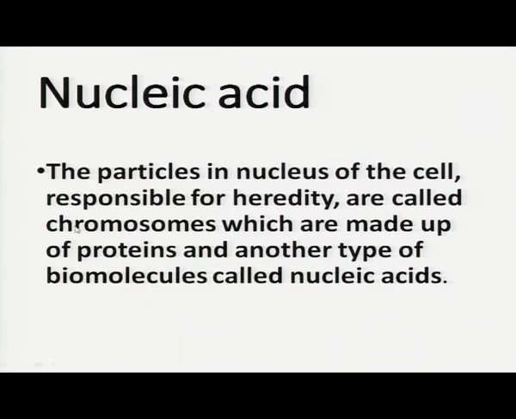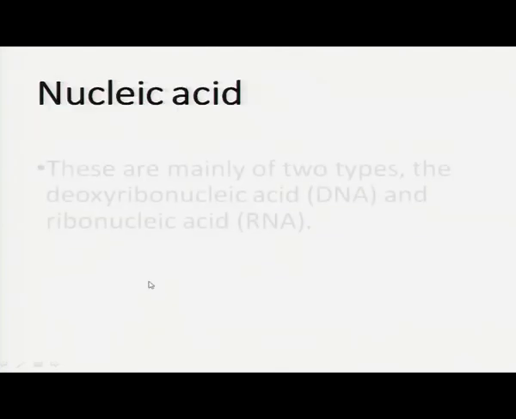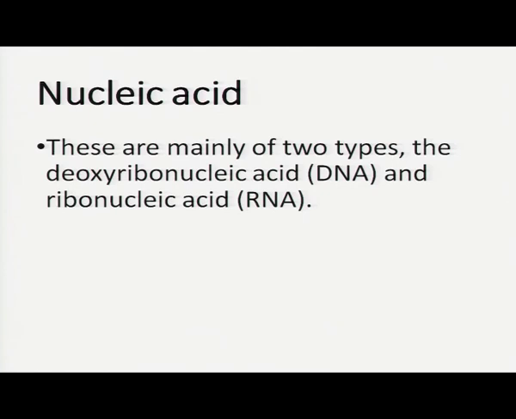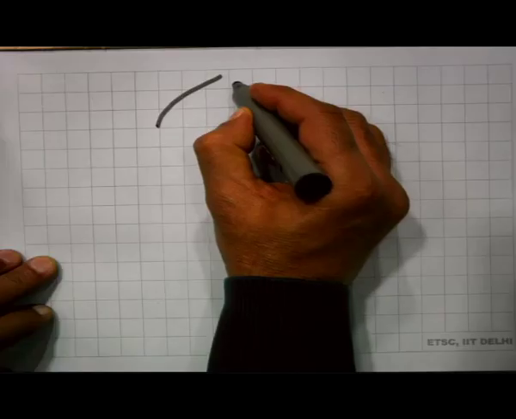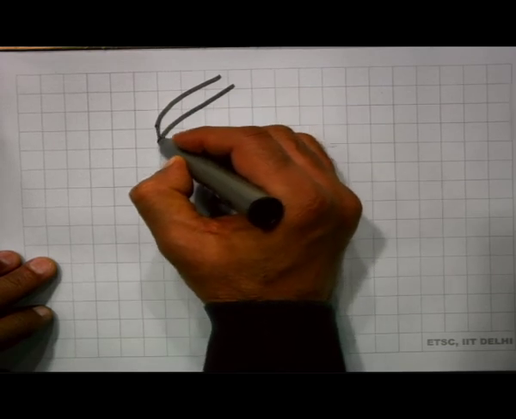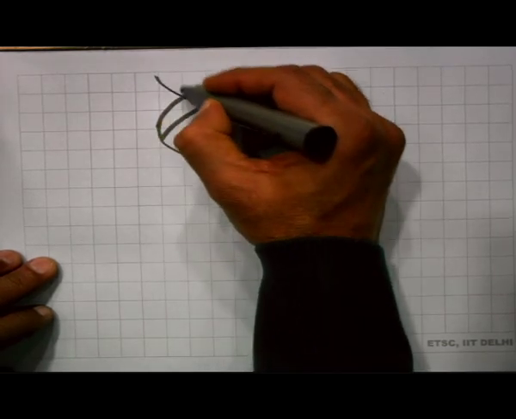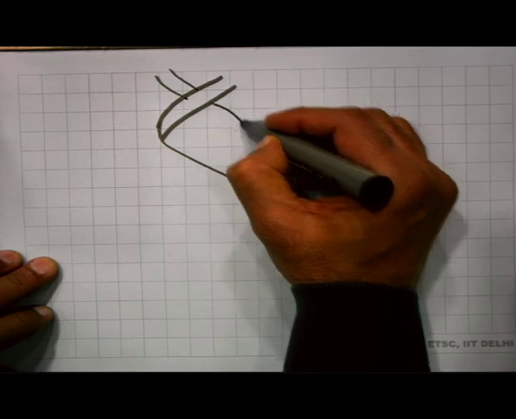The nucleic acids are the particles in the nucleus of the cell responsible for heredity, called the chromosomes, which are made up of protein and other biomolecules of the nucleic acid. Two types of nucleic acid have already been discussed, DNA and RNA. Now, you see the structure of DNA is of this type, made by all three groups.